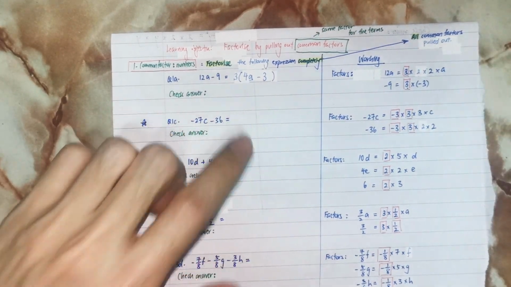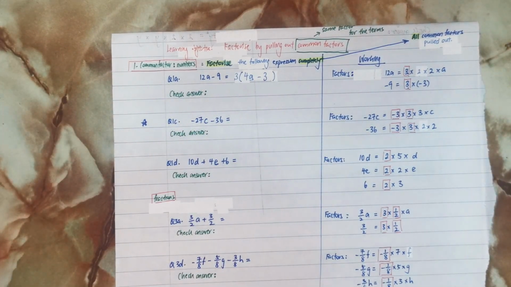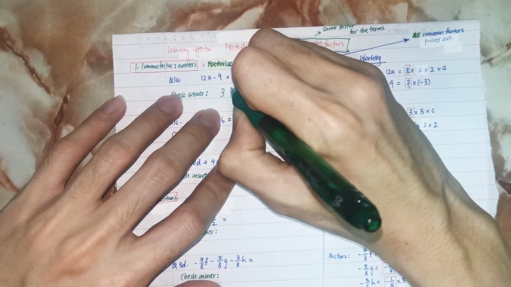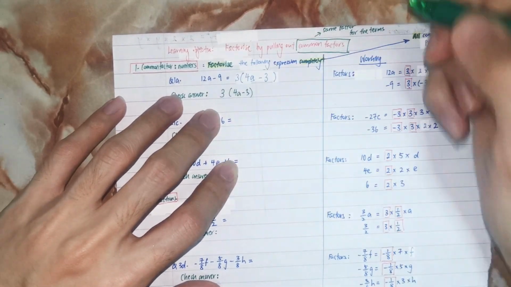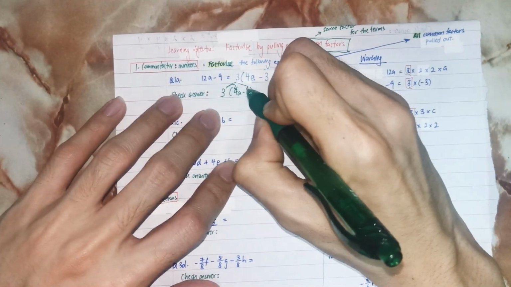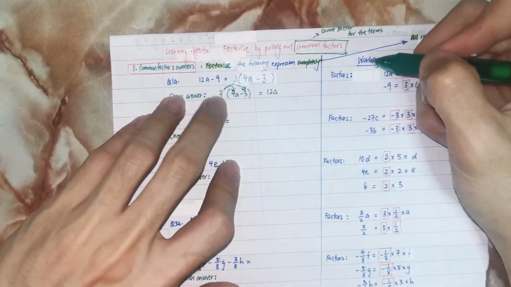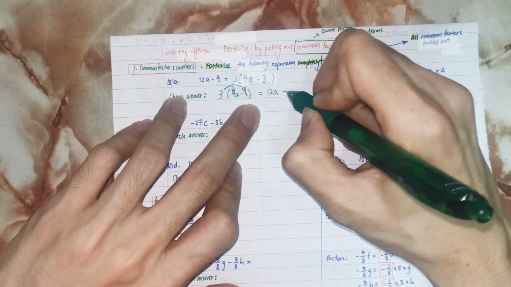So what does it mean that factorization is the reverse of expansion? It just means, if I want to check my working, I can take 3 times 4A minus 3 and do the rainbow method to expand. 3 times 4A is 12A and 3 times negative 3 is negative 9.